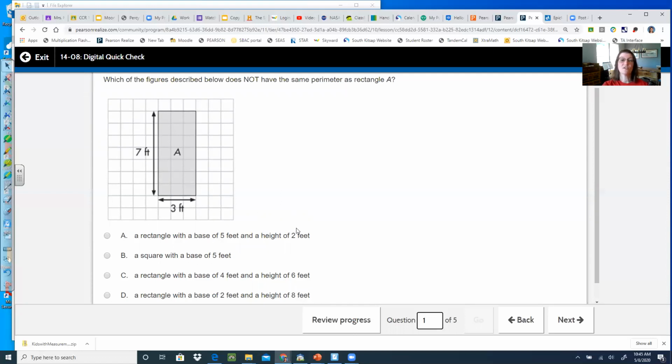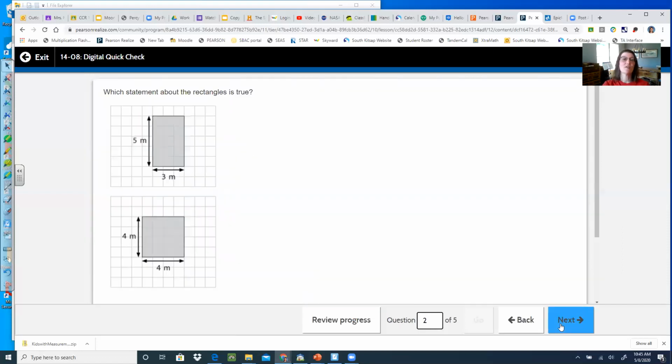So 5 plus 2 is 7. 7 plus 7 is 14. 5 plus 5 is 10. 10 plus 10 is 20. 4 plus 6 is 10. 10 plus 10 is 20. 8 plus 2 is 10. 10 plus 10 is 20. There was one of them that was different.